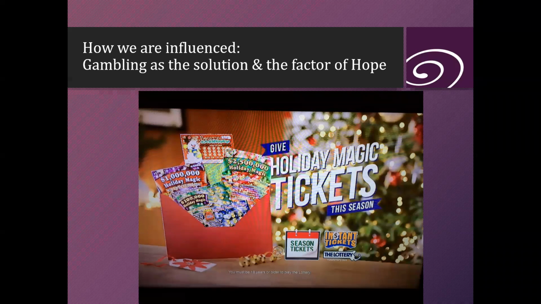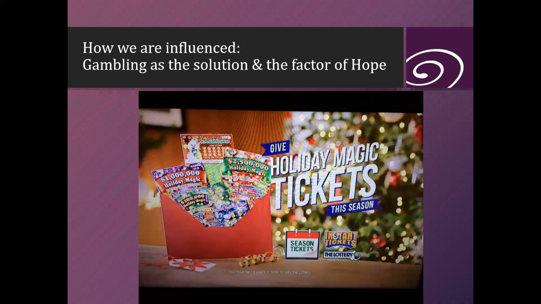The factor of hope is insidious, it's embedded, and is really hard for those of you who are clinicians out there, or those who work with people in recovery, and they get that they can't drink or use drugs anymore, but they still scratch tickets and they think, well, maybe. The factor of hope is a powerful, powerful motivator. And for some, gambling is the problem, for some it's a solution, and for some, it's in between.